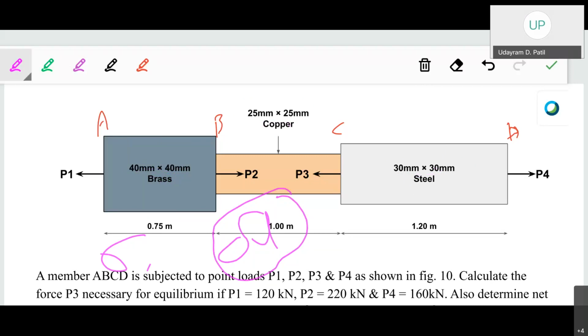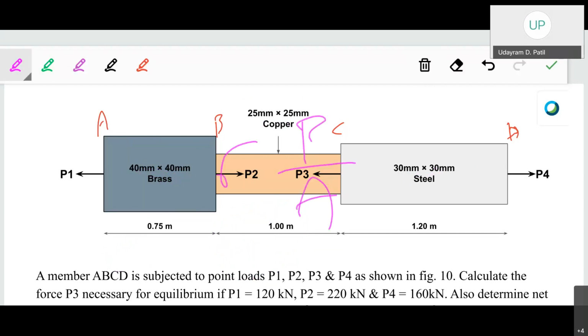Okay, so in that case first we can easily calculate the sigma by considering P divided by area. Okay, you have to consider the net load on this particular section divided by the cross sectional area. We can easily calculate the stress. From that particular stress, we can easily calculate the strain, that is sigma divided by the Young's modulus.